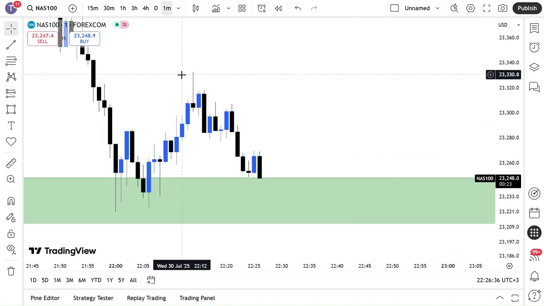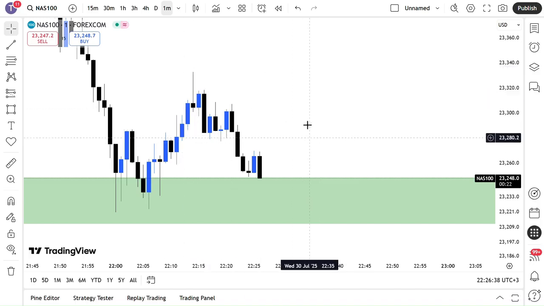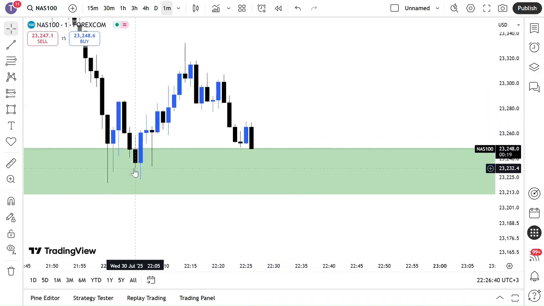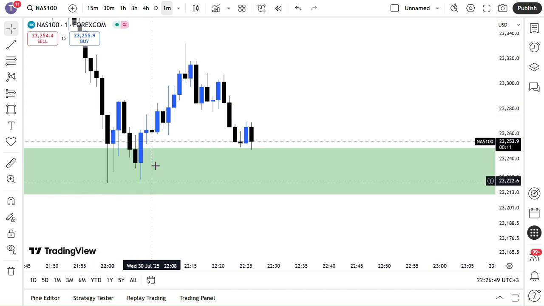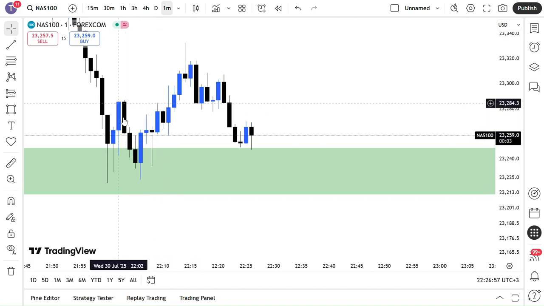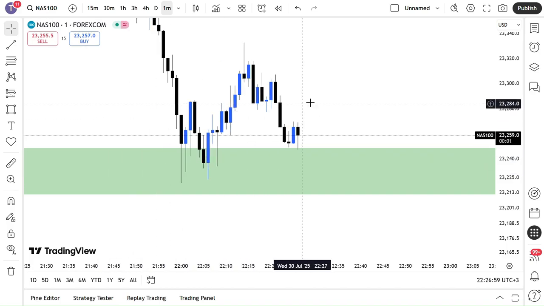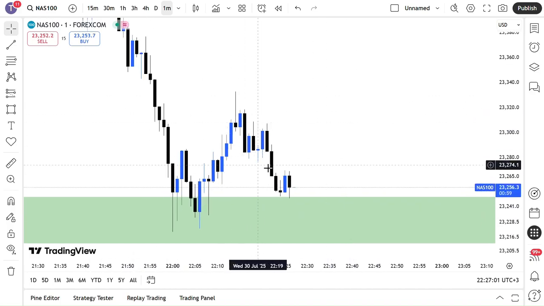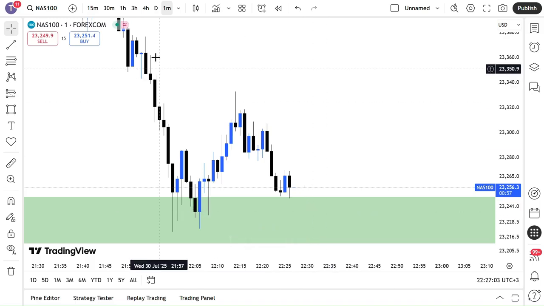So this pullback here has not swept any inducement, because this is not an inducement. An inducement should at least sweep this low as a sweep of liquidity or break, and then the market comes back up to take it out. So this is not a valid inducement. So still I want to see a good reaction so that I can take my buys maybe from here.